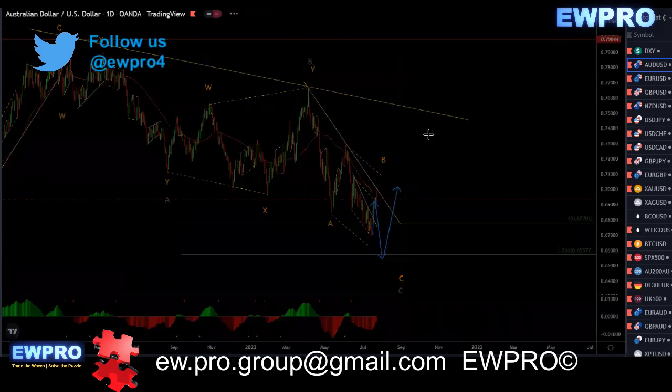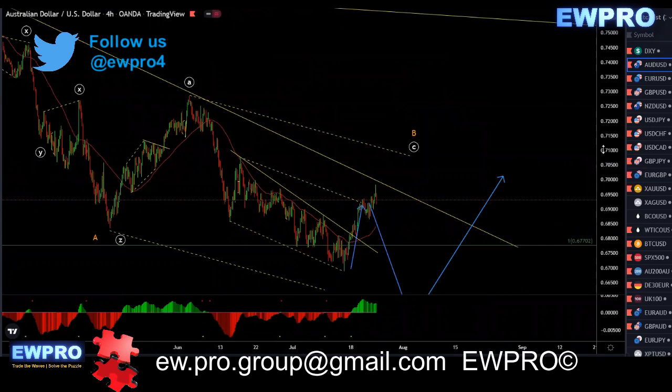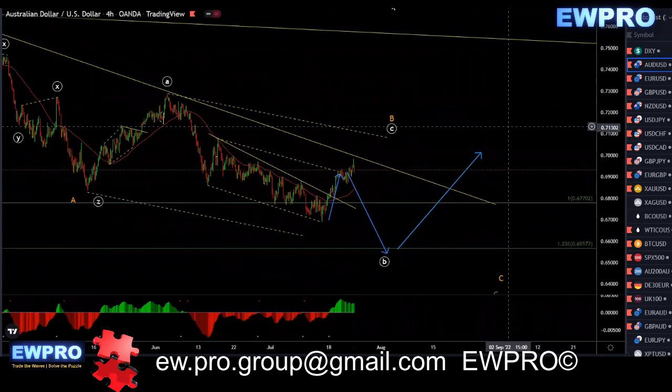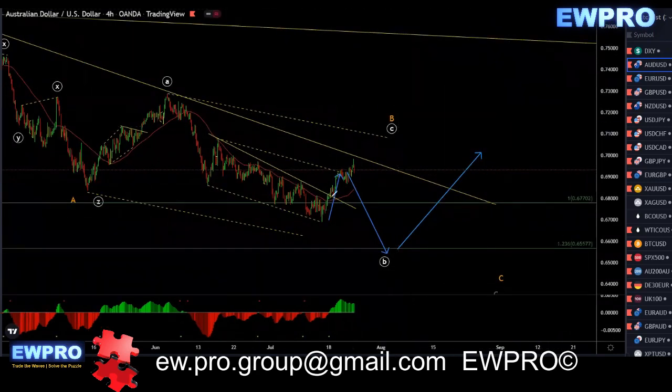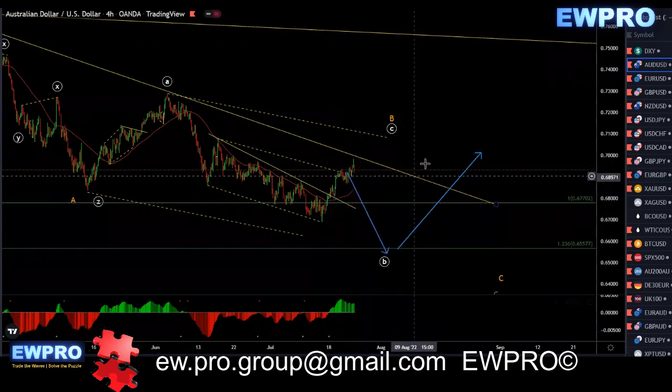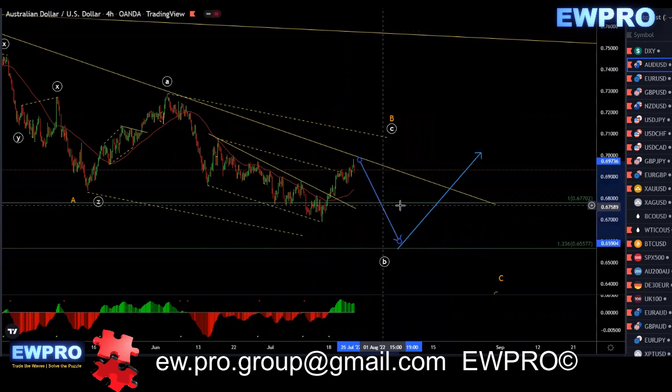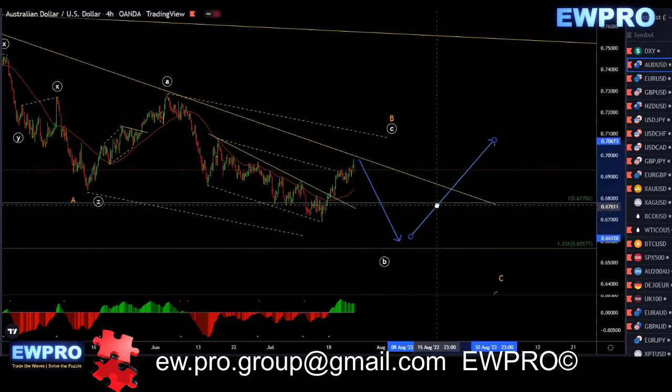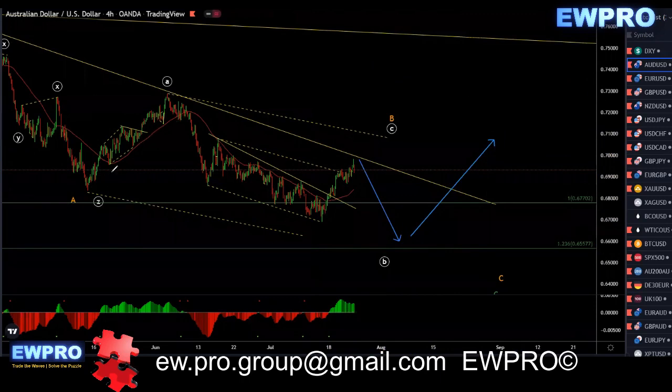On the H4, like I've mentioned, there are a couple of different scenarios. We were looking for this one up here to the 100 fib. It's hit that 100 fib. I can remove this arrow, get it out of the way. This is still valid as a scenario. There are two scenarios, like I mentioned last week.